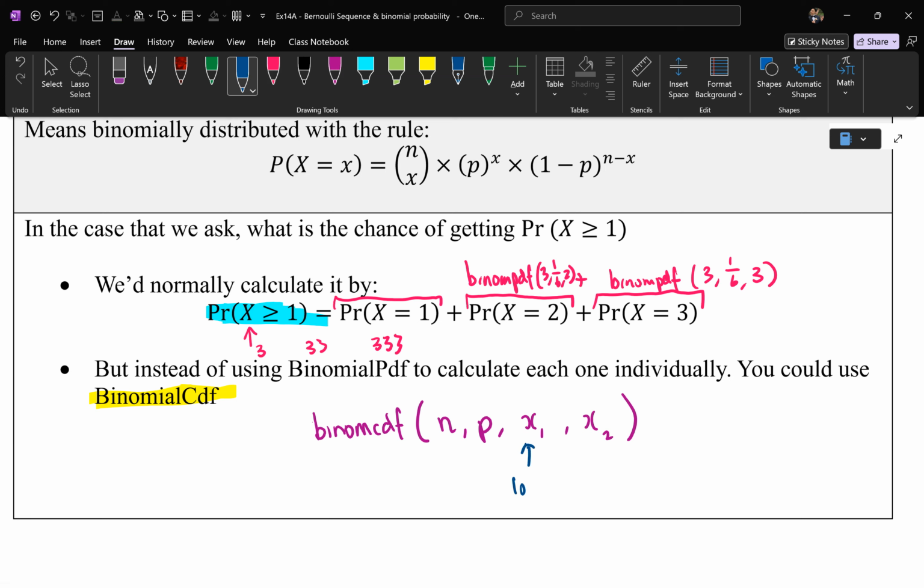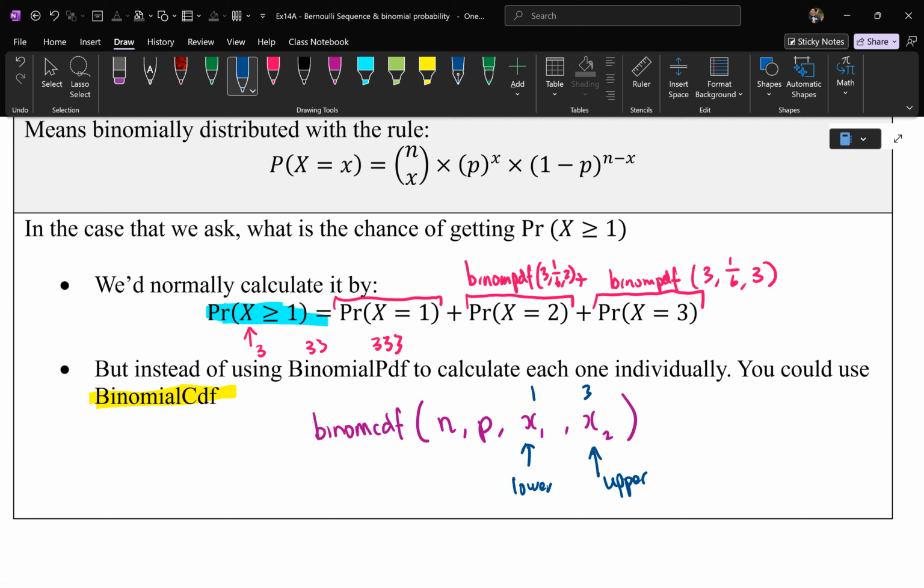So lower value. Okay, so in our case, it would have been 1 to 3. So you can do 1 to 3 in our case, because we got n equals 3. So that would have calculated 1, 2, 3 for you, instead of doing 3 different ones.